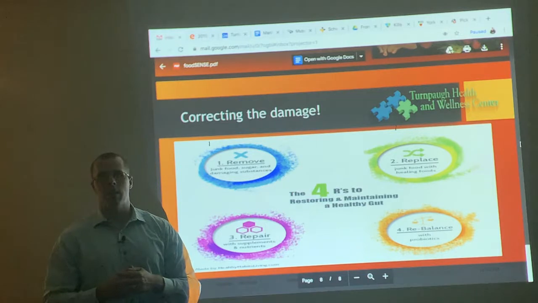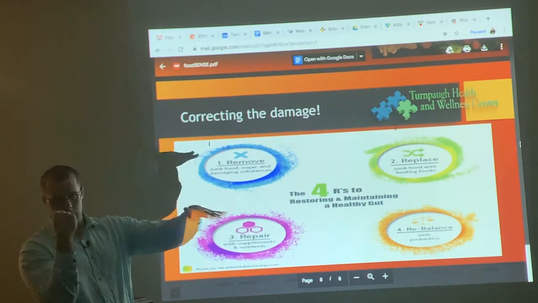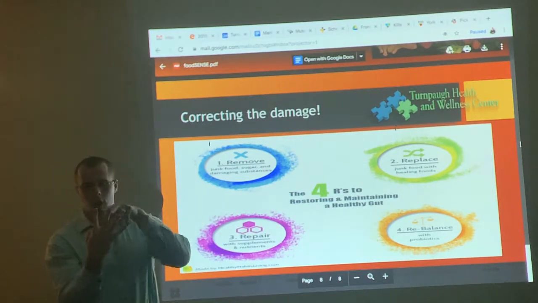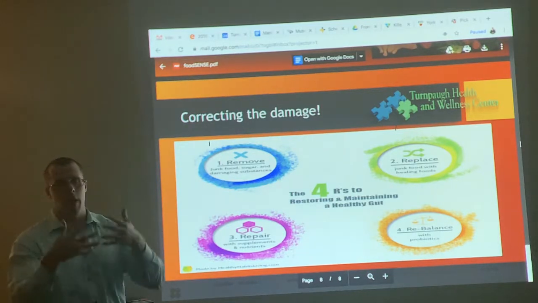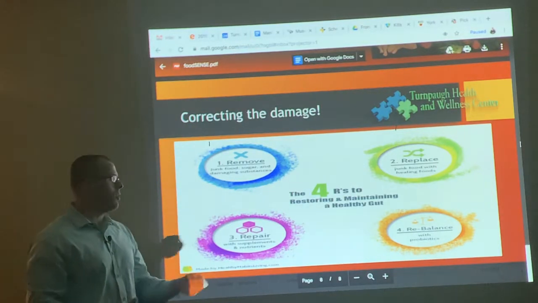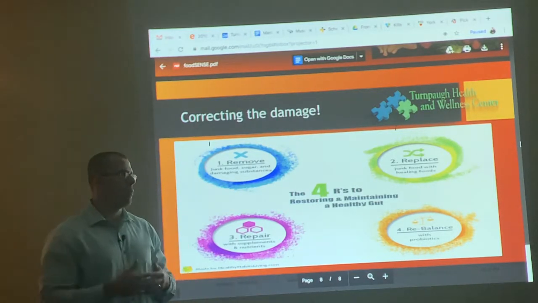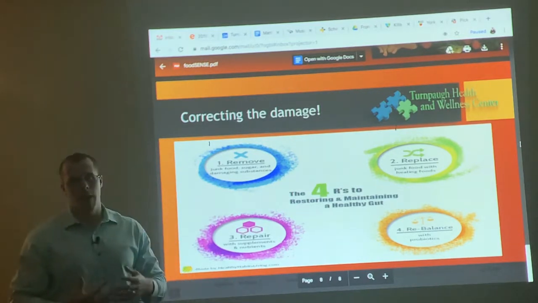So now we're at the point where we want to take our villi that have been trimmed and start to repair those villi, start to repair the crypts, the crypt hyperplasia, start to repair the gap junctions. The way we do that is a lot of good amino acids, one being glutamine. That's very helpful in repairing the stomach.